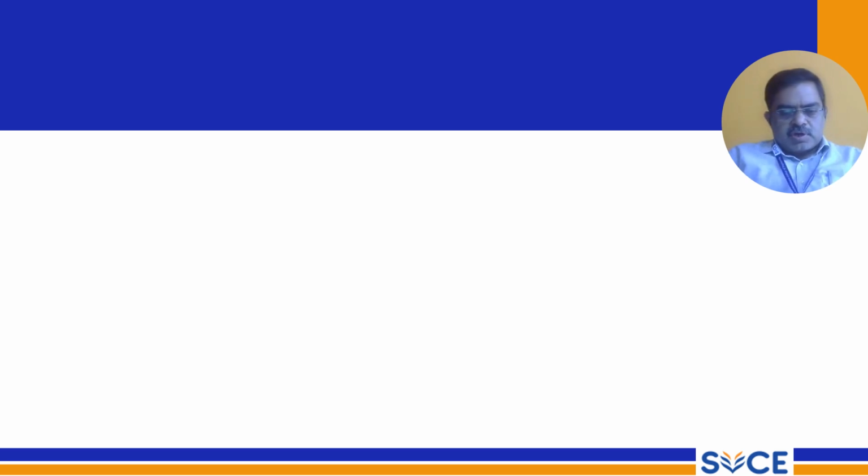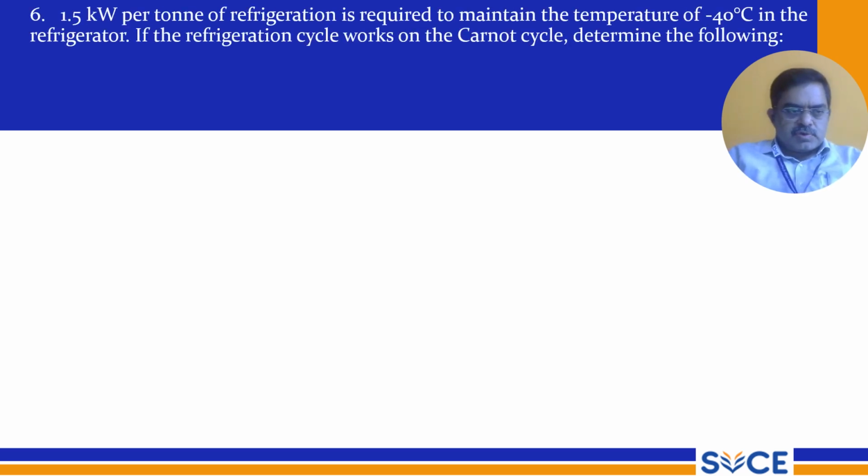So coming to next problem, 1.5 kilowatt per tonnage of refrigeration is required to maintain the temperature of minus 40 degrees Celsius in the refrigerator. If the refrigeration cycle works on the Carnot cycle, determine the following.